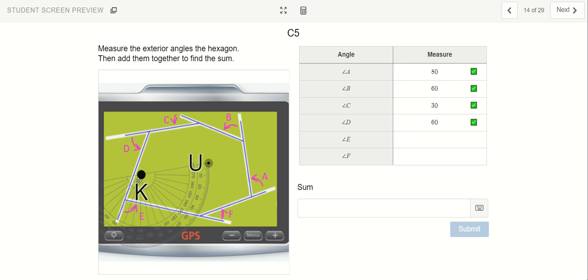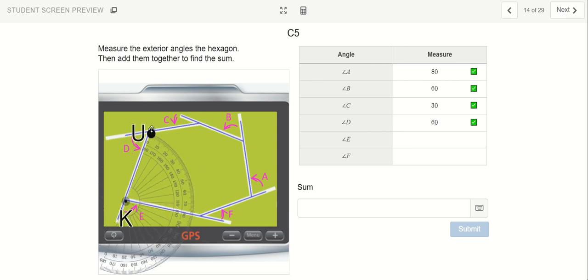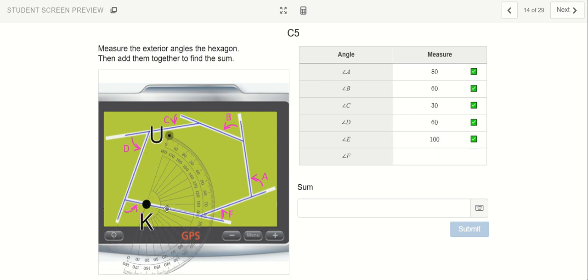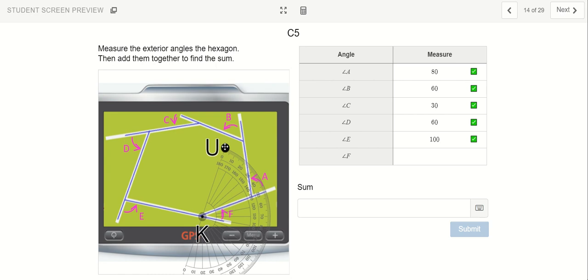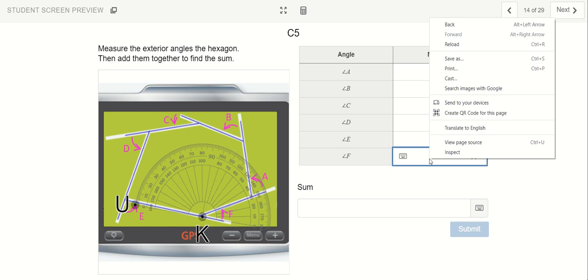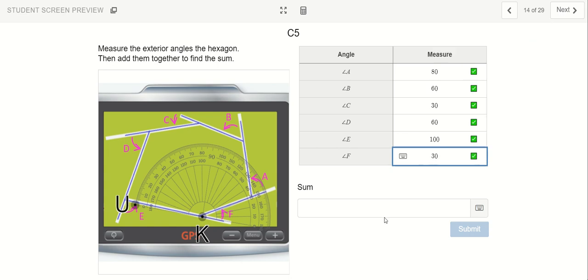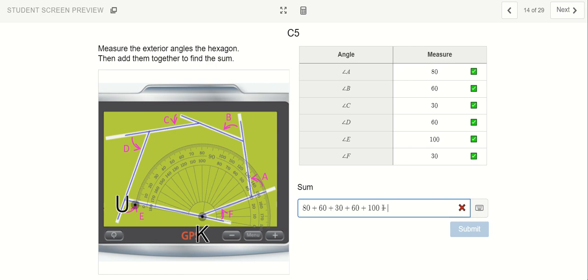All right, let's measure angle E. Make sure that lines up, curve this out. So the outside angle, it looks like that's 100. And we have one more to go. Let's put this corner at F. Let's rotate this out. It looks like this outside angle is 30. So adding all these up, 80 plus 60 plus 30 plus 60 plus 100 plus 30.